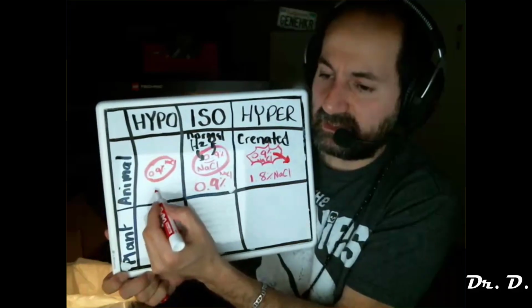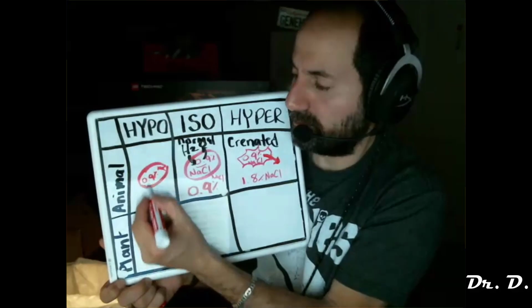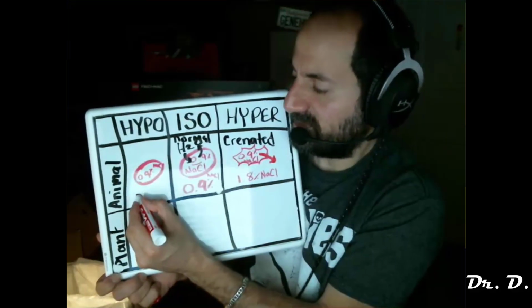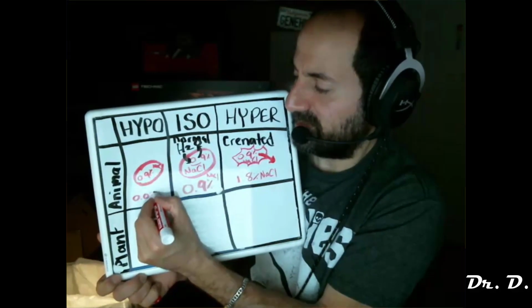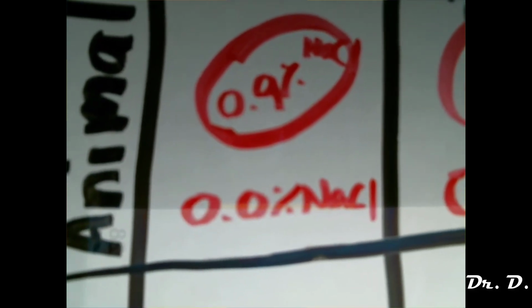And let's say I put it in pure water, 100% pure distilled water. You know what that means? That's 0.0% NaCl. 0% salt outside, 0.9% salt inside. Which way is the water going to want to flow?